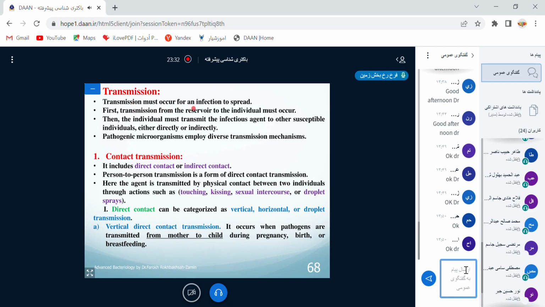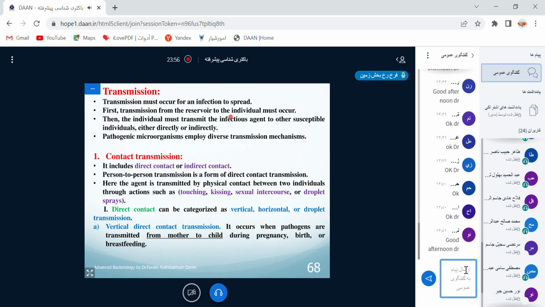Transmission. Transmission must occur for an infection to spread. So if a community is to be infected, infection should be transmitted from person to person. First, transmission from the reservoir to the individual must occur. In some cases, as we explained, some bacteria are sensitive, so they need reservoirs.